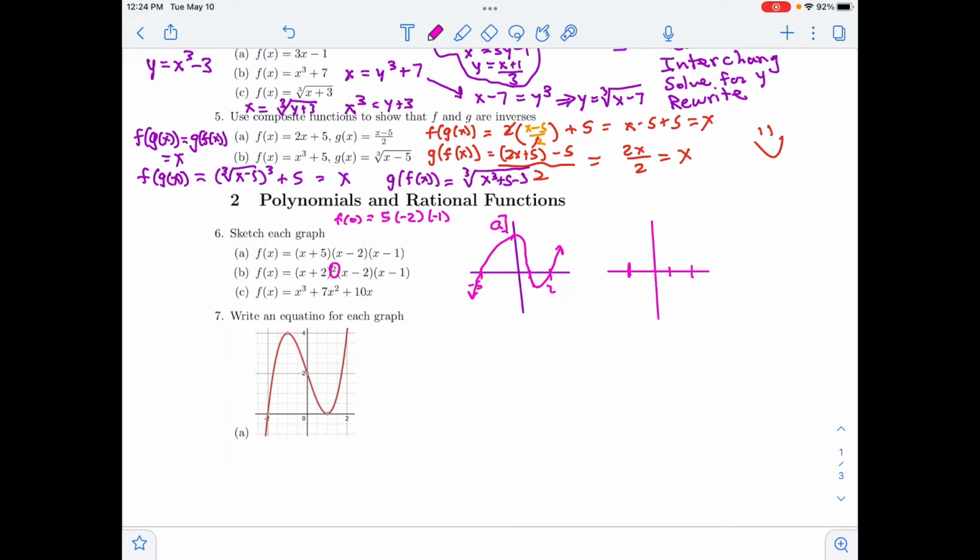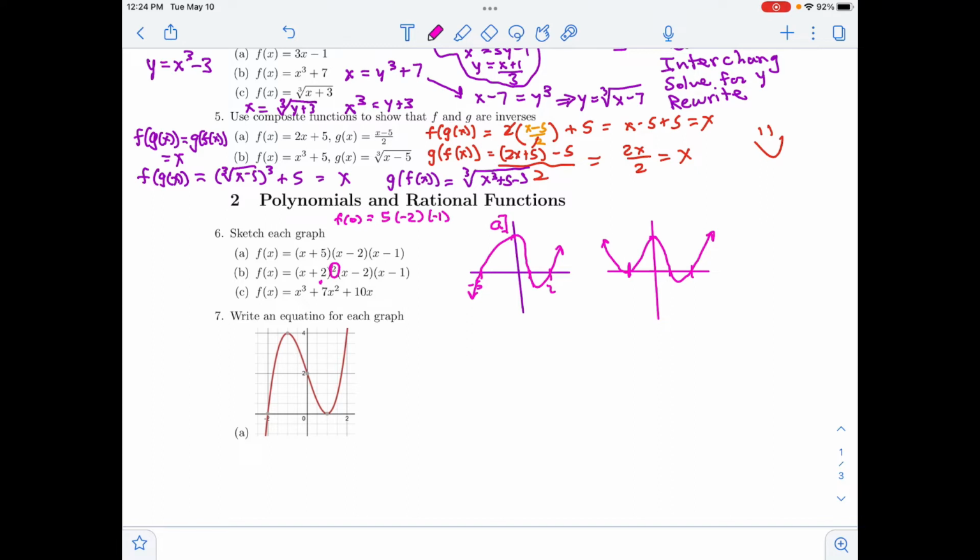And from a graphing point of view, that means the curve is not going to pass through the graph. It's going to bounce off of it. Now, as far as the y-intercept goes, that's going to be 8. See? -2 times -1, that's 2, times 4, which is 8. And we're going to have something that looks like this. It's going to bounce, and it's going to pass through the graph here. Okay, there we go. So that's that one.